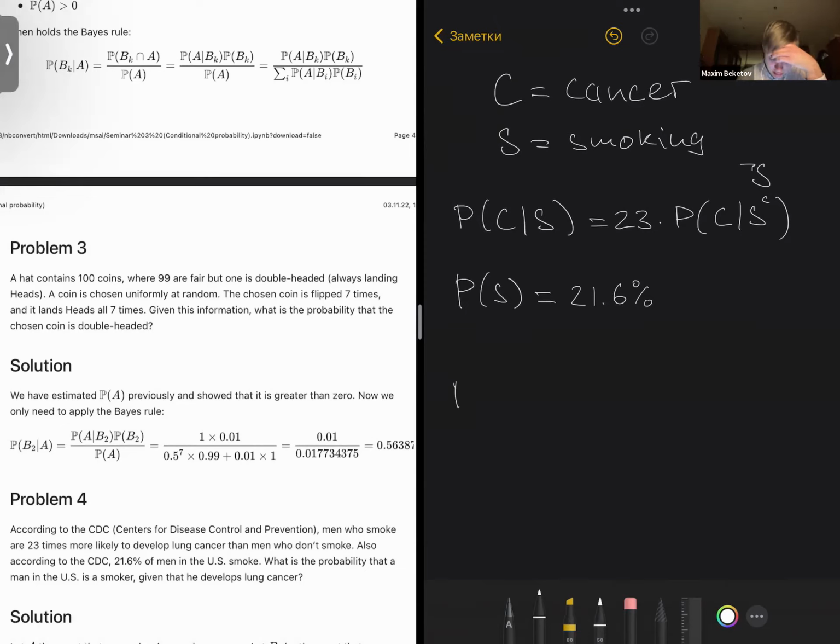So this is how we would interpret this probability. So what is the probability that the man was a smoker, given that he unfortunately got lung cancer?